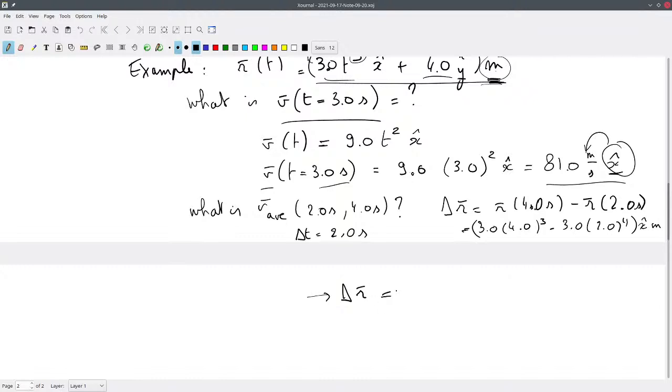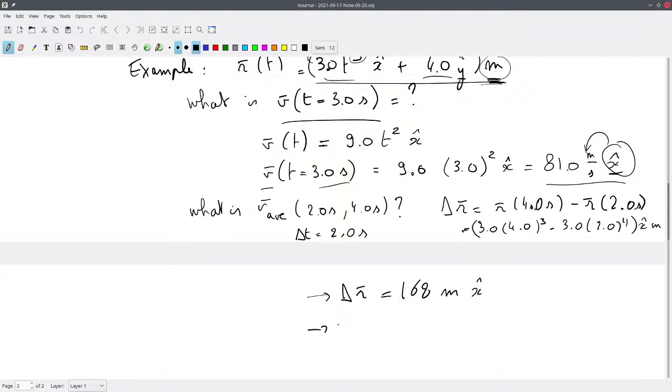So delta r will be 3 times 4 to the third power. You'll plug that into your calculator or do the math in your head, and you'll find 84 meters in the x direction. Actually, you'll find 2 times that, 168 meters.